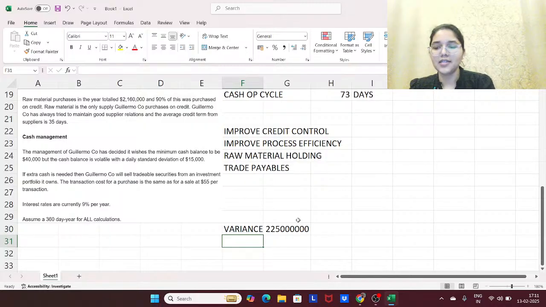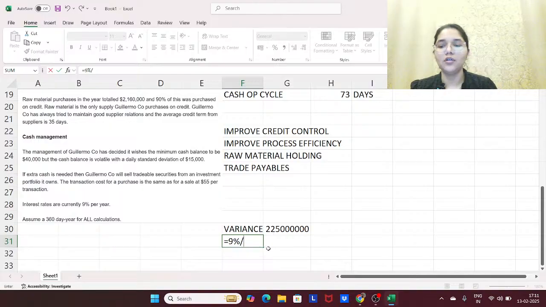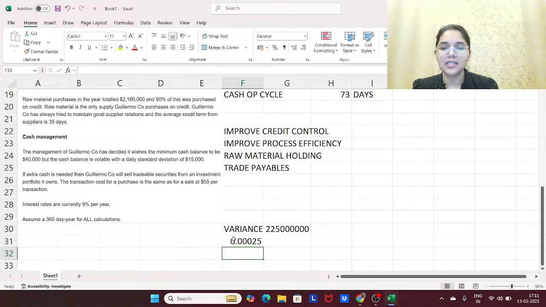This gives us this much per day as our variance, and then we are supposed to take the daily interest rate. So 9% is given for the whole year. If I want to convert into daily terms, I can simply divide by the number of days. Each year has 360 days. That means this is the daily interest rate per day.